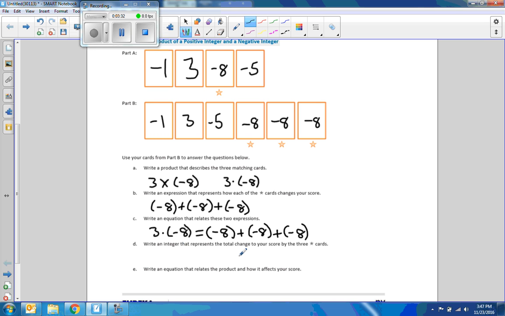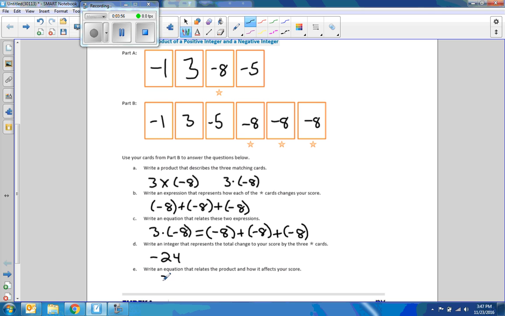And it says write an integer that represents the total change to your score by the 3 star cards. So what they're saying is, what is 3 times -8? And it is -24. Now it's asking us to write an equation.